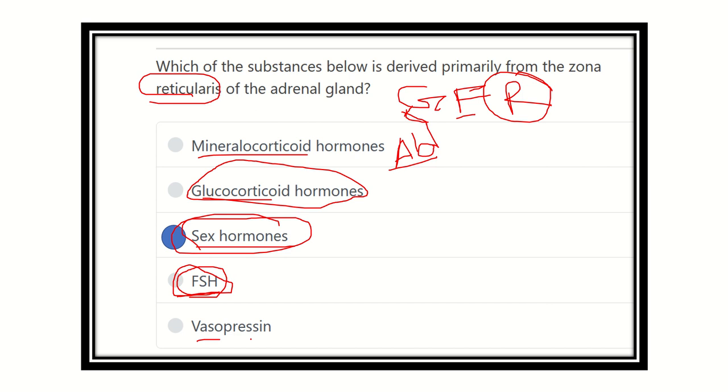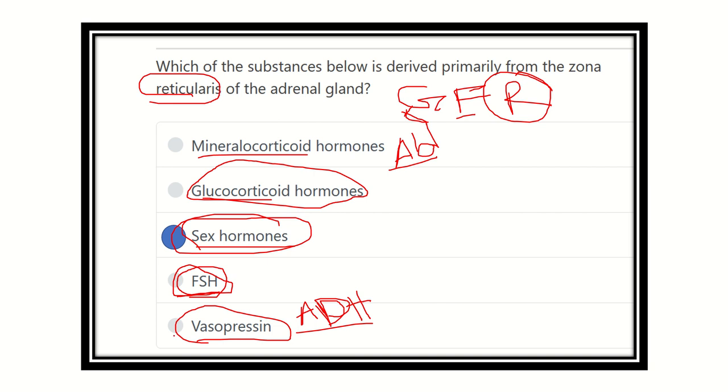And last of all, here we can see vasopressin, which is also known as ADH. ADH acts on the collecting tubule and collecting duct of the nephron, and it causes water reabsorption from the nephron, and it maintains mainly the water balance in our body, through the aquaporin.